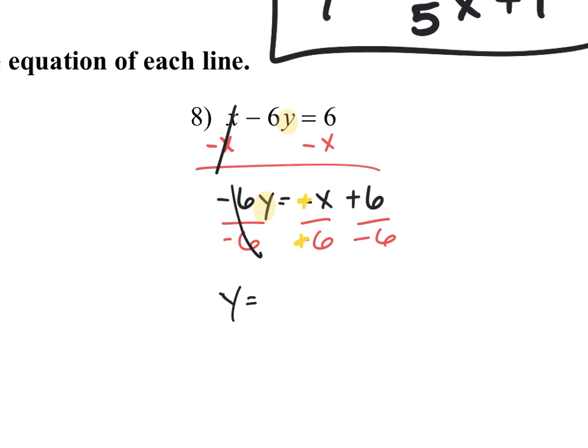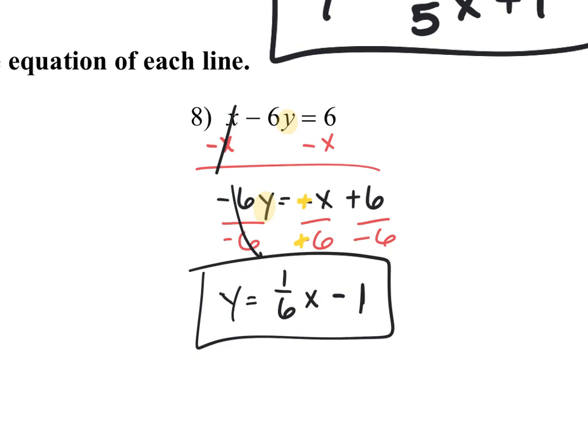If you make it into a decimal, it is so hard to graph it because you've taken that fraction where you would do rise over run and made it into a decimal. It's hard to see, it's hard to do. Just leave it. So this becomes 1 over 6x, and then a positive and a negative would make a negative. 6 divided by 6 is 1. We're doing division, not addition.